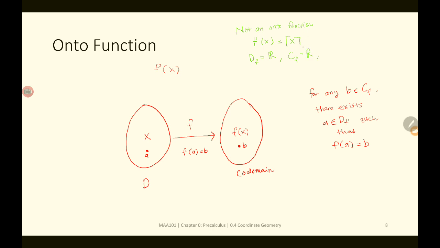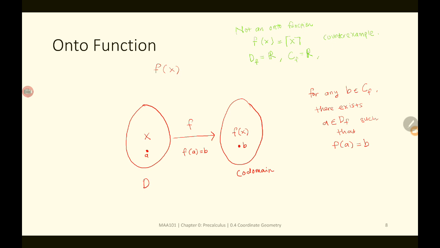but not every element in the codomain is a function value. Let's see a counterexample.